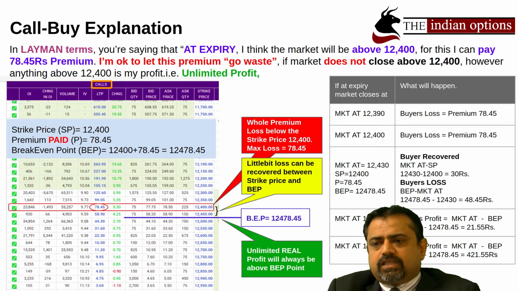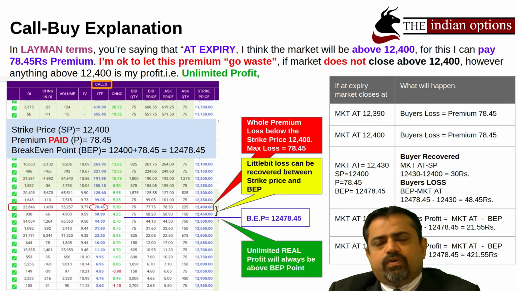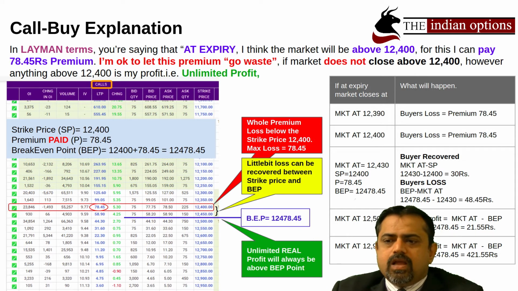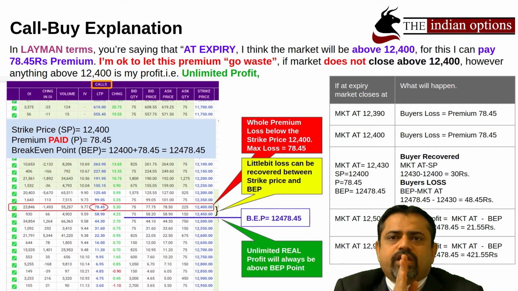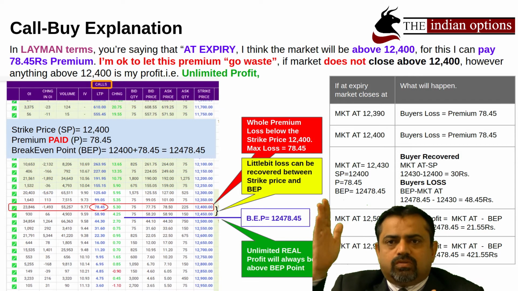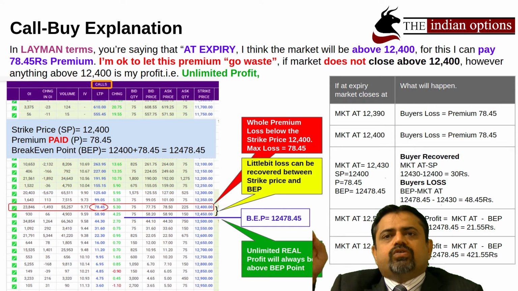Now on the right hand side I have put one box. I'm just taking a few points to show how it is going to appear if the market closes there. Now, at expiry, we are talking about expiry. So I assume that today you have purchased the contract for say 30th of Jan. So I'm talking about what is going to happen on 30th of Jan.